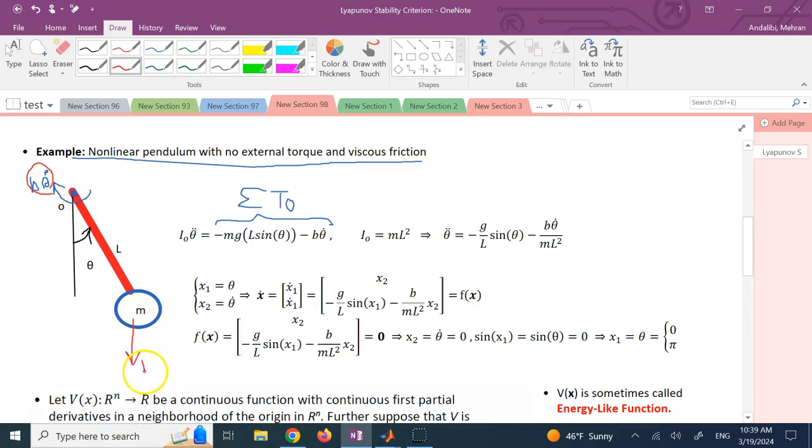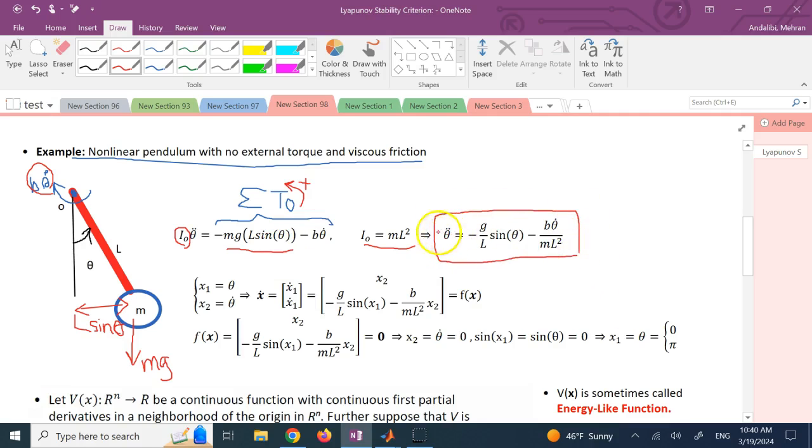The torque of this mg about point O is clearly clockwise, while the rotation is counterclockwise, and for that reason it's negative, and this distance here is L sine theta. So negative mgL sine theta is the moment from the weight, which you can see here. Now, I about point O, since it's a concentrated mass, is ml squared. If you write it and simplify, this is your governing equation.